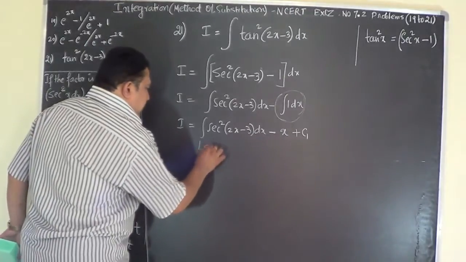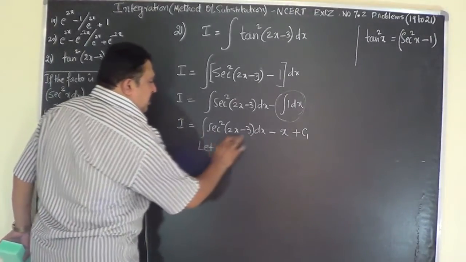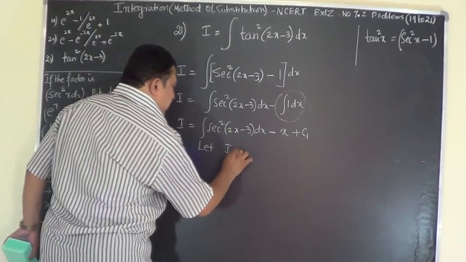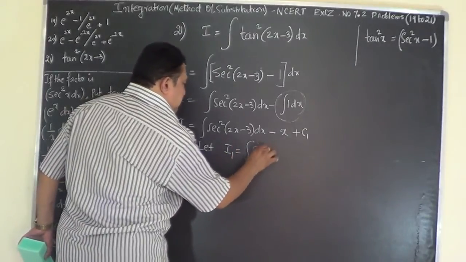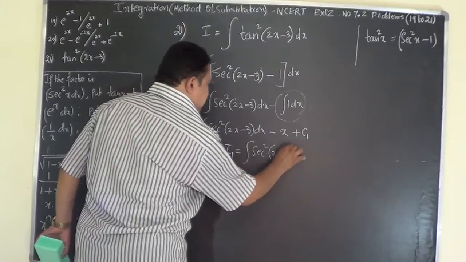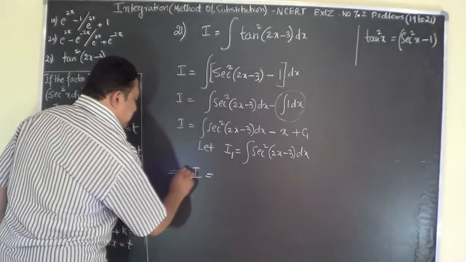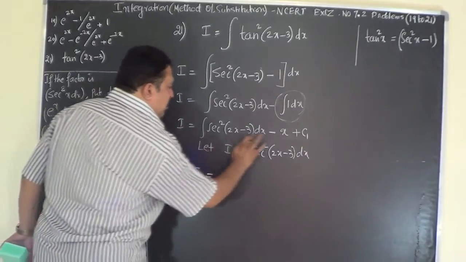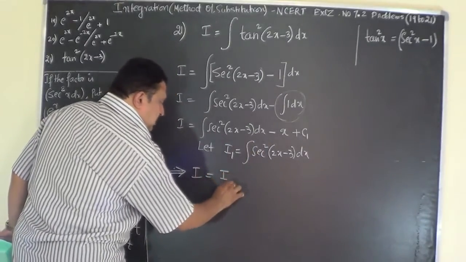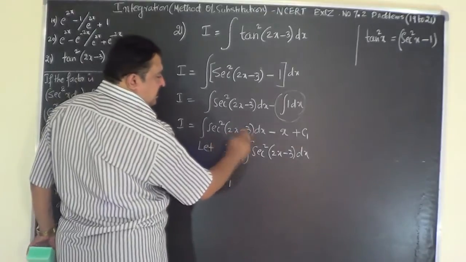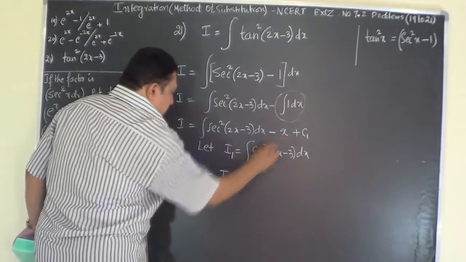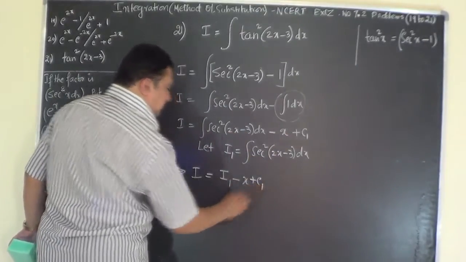And let me suppose that this part of the problem, that is, let I1 be equal to integral secant square 2x minus 3 dx. Therefore, what is I? This implies I equals I1, the integral secant square 2x minus 3 dx, minus x plus c1.